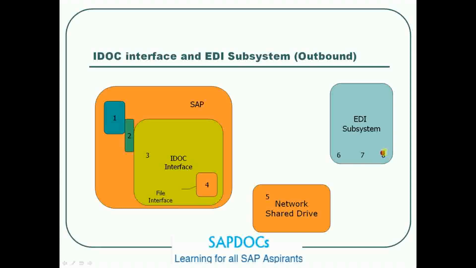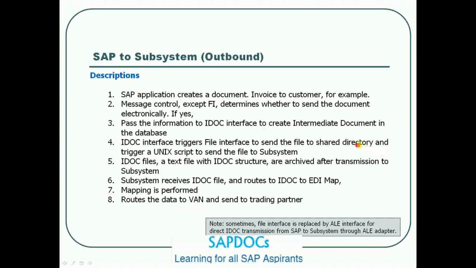If we look at a more detailed approach, number 1, the SAP application creates a document, an invoice for example, to a customer. We need to invoice the customer. Message control, except for FI, determines whether to send the document electronically.